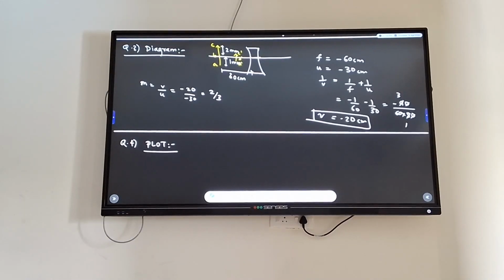If you go for this 1 by v versus 1 by u graph, that's much simpler. I think you can do it. That's 1 by v versus 1 by u. Incorrect.